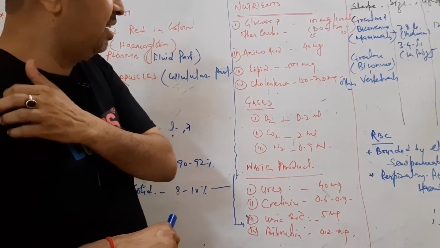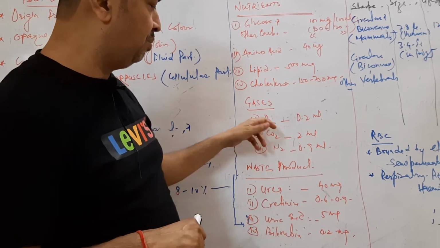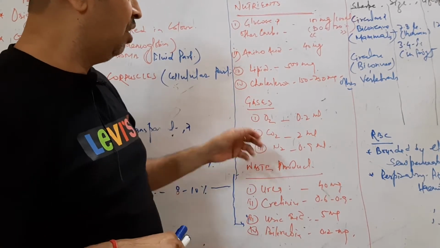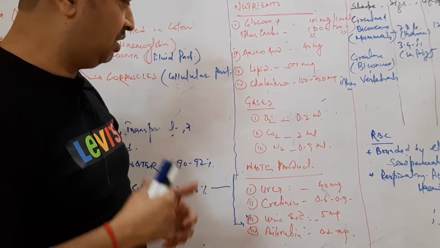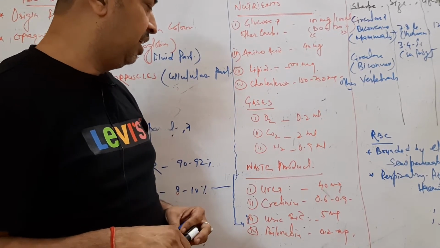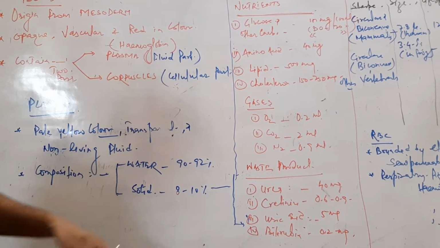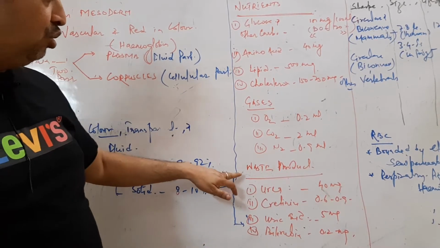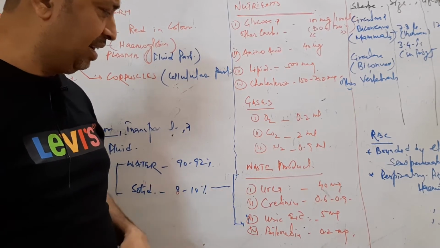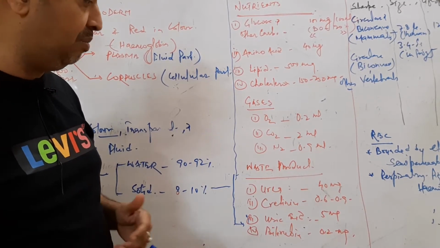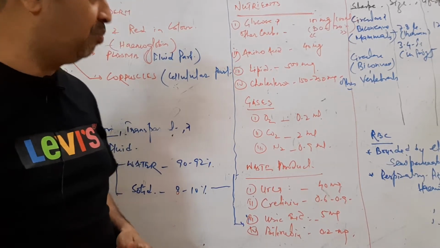Then gases: the main gases are oxygen, CO2 and nitrogen. The percentage of oxygen is least, 0.2, CO2 is maximum, 2 ml dissolved, and nitrogen is 0.9. Waste products are also present in blood: urea 40 milligram, creatinine 0.6 to 0.9 milligram per 100 ml of blood, uric acid 5 milligram, and bilirubin 0.2 gram.